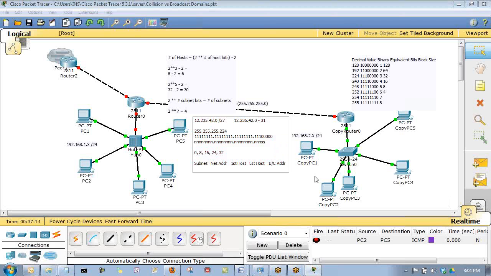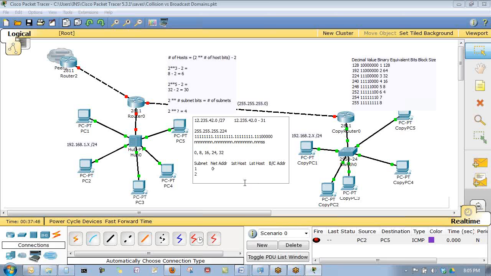All right. My very first subnet, and I'm only going to be playing with the 4th octet, guys. I'm not going to worry about the 12.235.42. I'm only playing with the very last octet. So subnet number 1 is going to have a network address of 12.235.42.0.